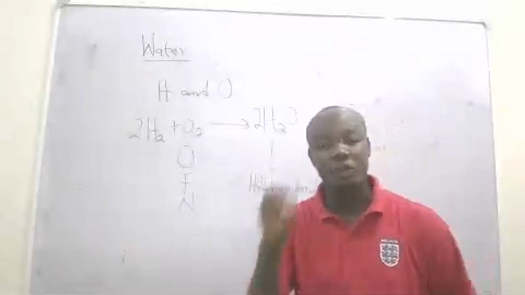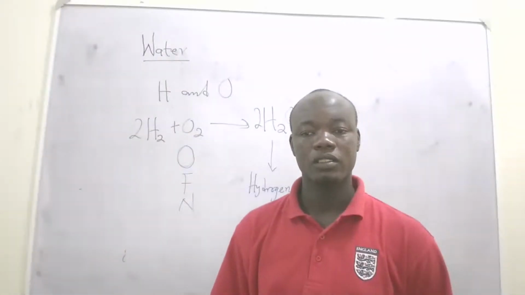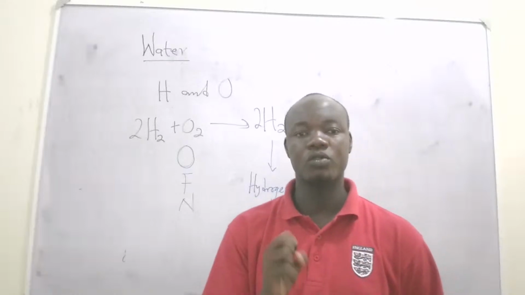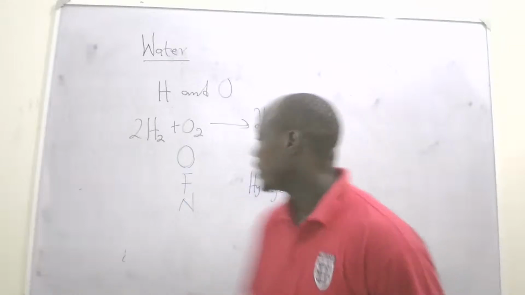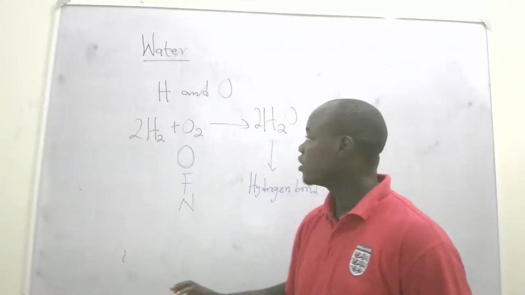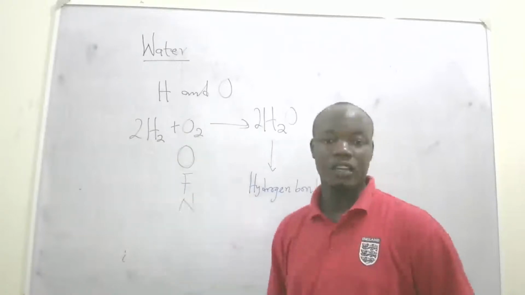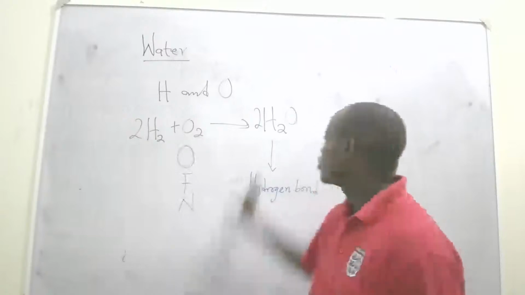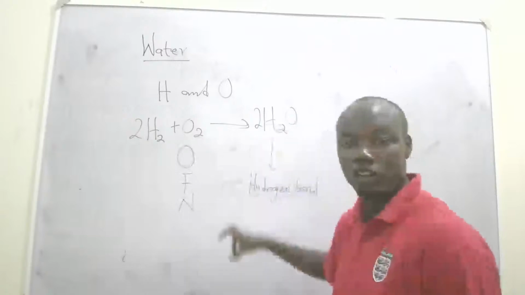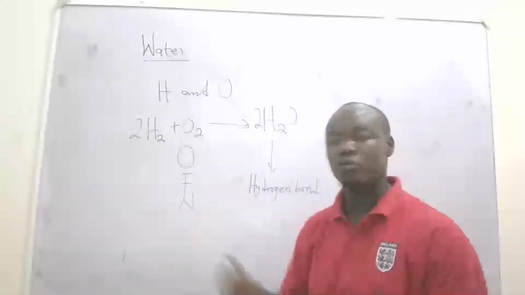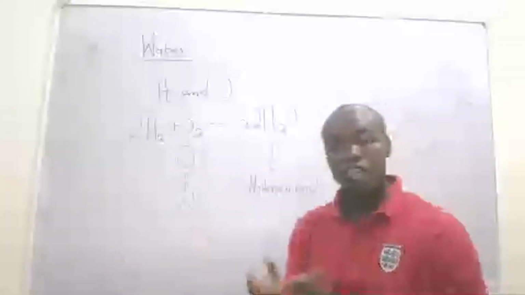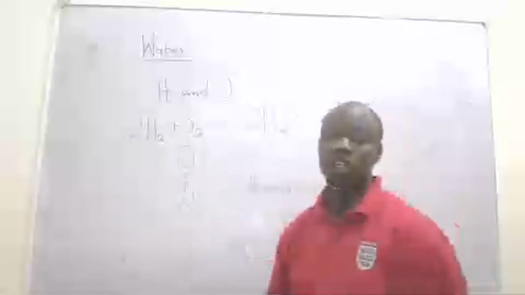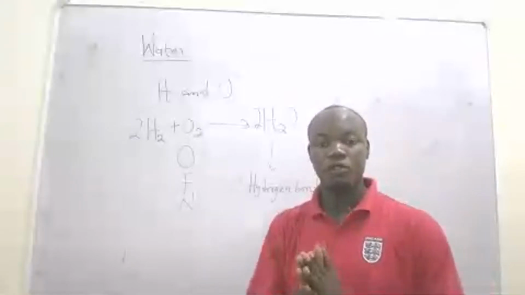So in the case of water molecules, oxygen is the electronegative element and hydrogen is the electropositive element. These two elements combine together through a hydrogen bond to produce a water molecule.